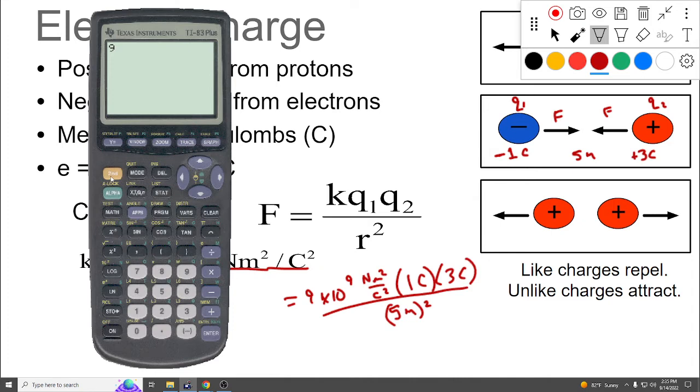I'm going to go 9, second EE, and then a 9. The E is the times 10 to the something, and this is the something. Then I can go times 1 times 3 and divide by 5. Don't forget the squared. Hit the square button right there, and you get a great big number.